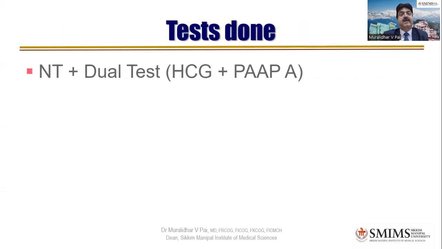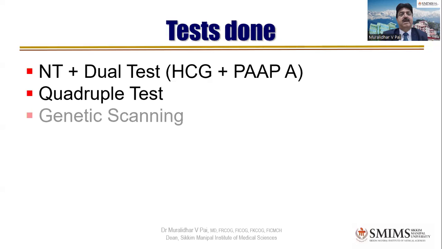What is the test? NT plus dual test. The dual test is HCG and PAPP-A. I have already explained that this has additional benefit of predicting preeclampsia along with the PAPP-A results. But if you add placental growth factor, this is much better with other factors. Quadruple test is done if you have missed the dual test.